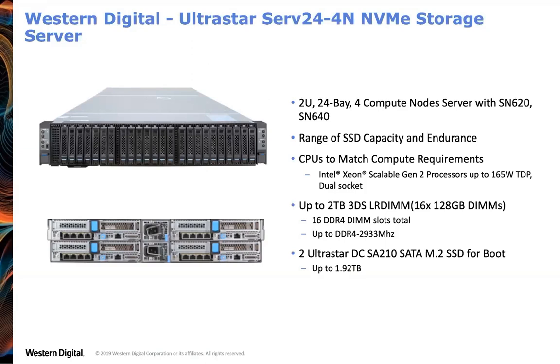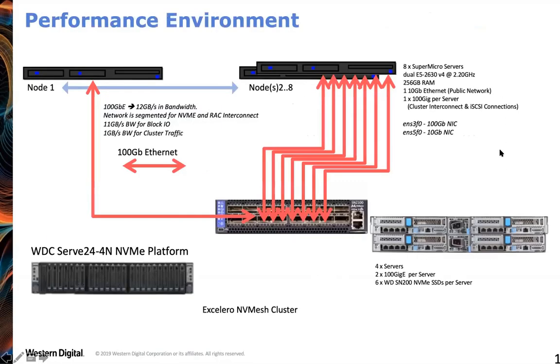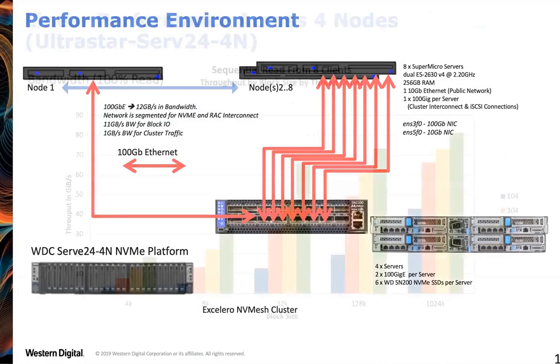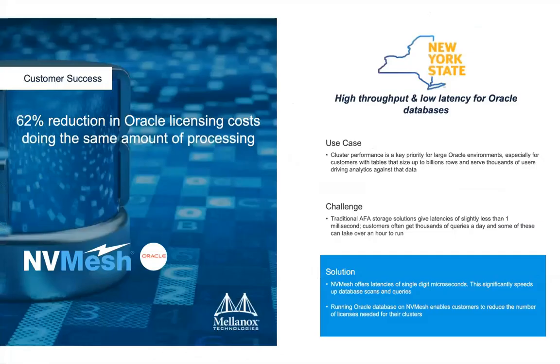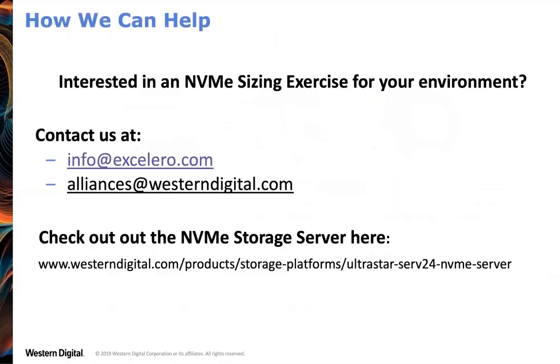And then I got 2 other related questions. Mike was asking how he could buy the complete solution. So I'm assuming that means the box with Excelero and NVMesh. And then Chris was asking whether he can buy the server directly from Western Digital. Sorry, the server can be bought through the channel.